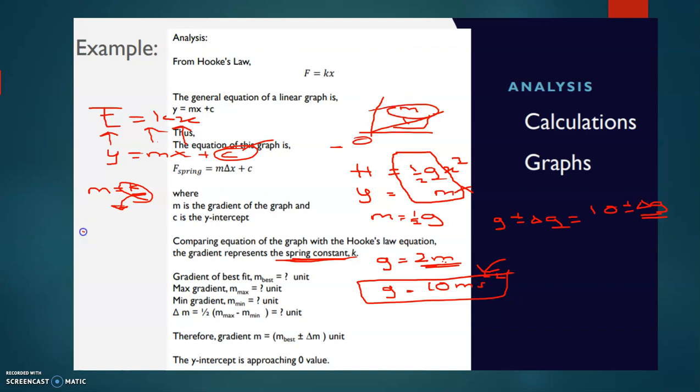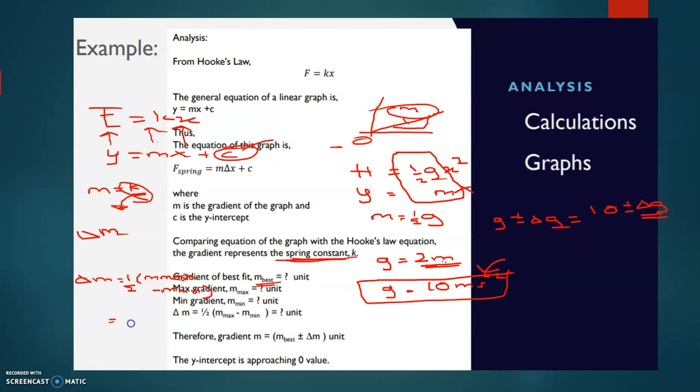Delta m. How do you provide delta m? Firstly, you have to draw the maximum line, then draw the minimum line, then you draw the best line. So delta m is equal to half of m max minus m min.